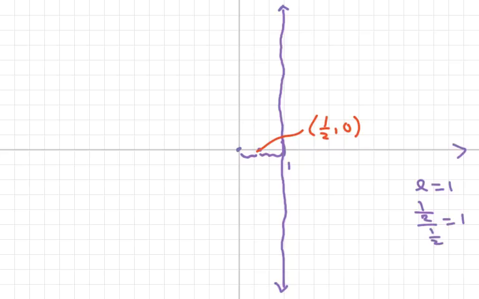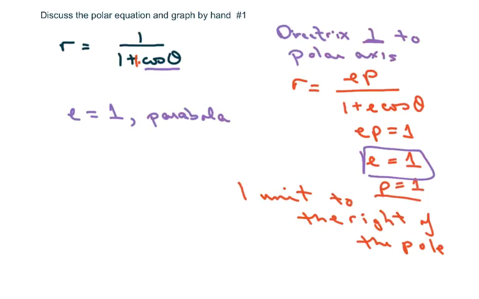Now, for the rest of it, this is the origin, and we're plugging in pi over 2 and 3 pi over 2 into the equation, and we're using our quadrantals to help graph. So basically, I take my equation, 1 over 1 plus cosine of theta.